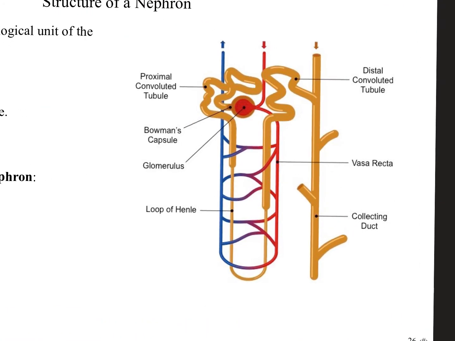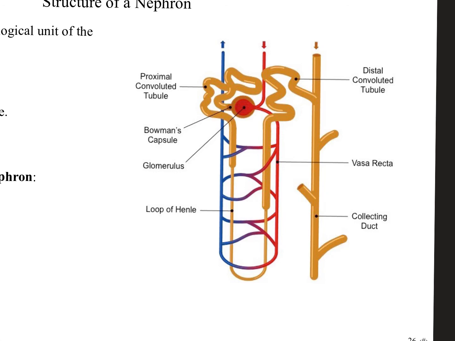And I like this particular diagram because a lot of the diagrams, including the one that I've given you to label, sort of stretch the nephron out so that you can really pay attention to each of the different segments. But this particular diagram shows you how much overlap there can be in some of these segments. Okay?